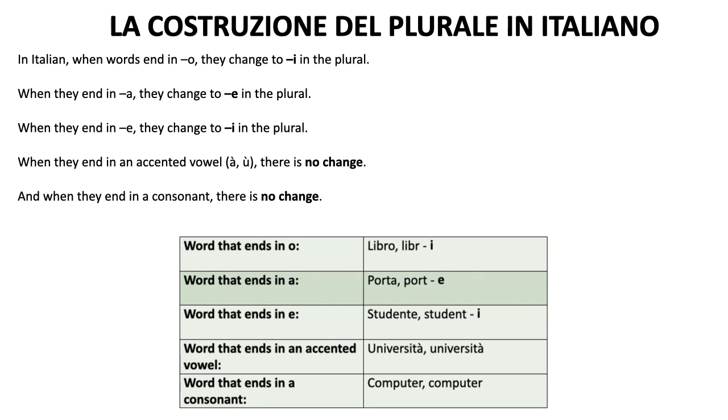How about words that end in A? Well, the rule tells me that that A changes to an E in the plural. Porta, porte. Porta is one door. Porte is doors, several doors. With words that end in E, like studente, the rule is that the E changes to an I. So studente, student, studenti, students. Now, words that end in accented vowels, we have seen one of these.